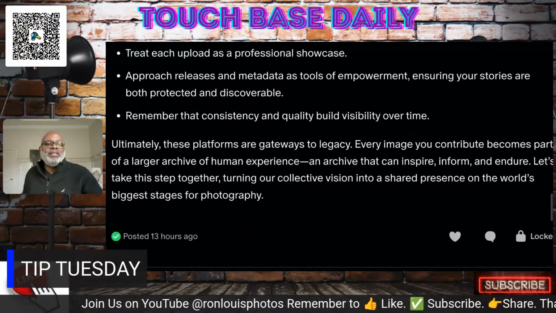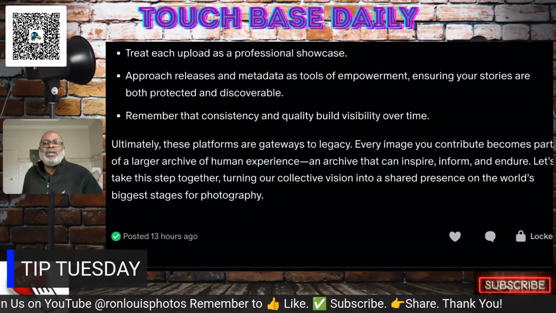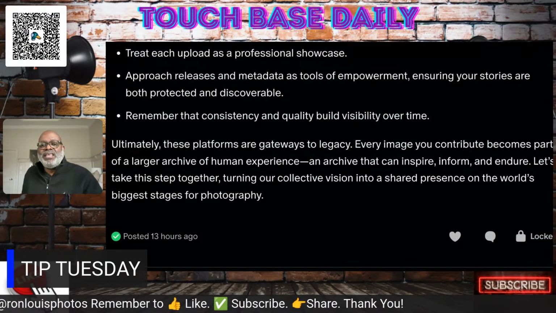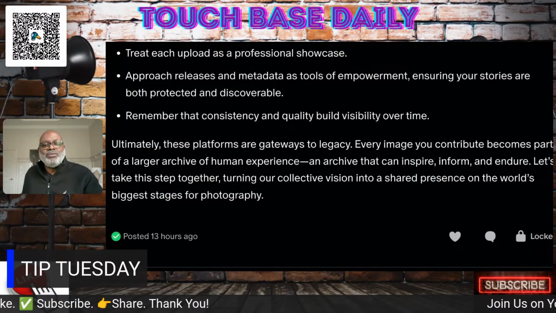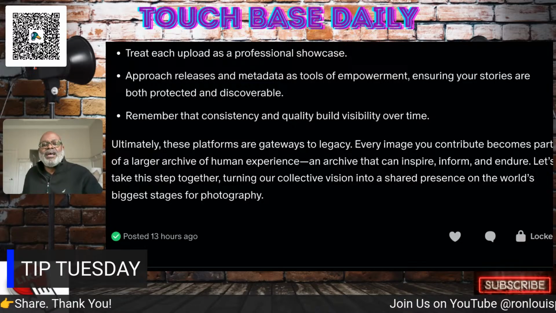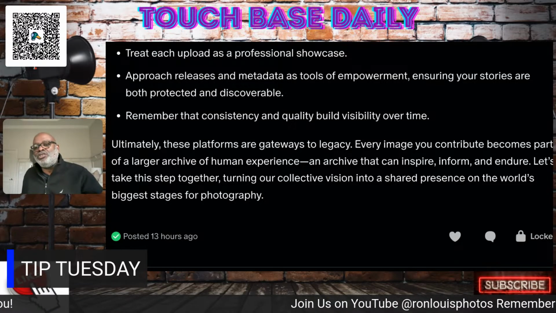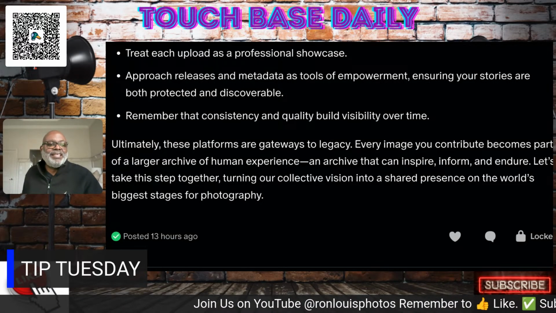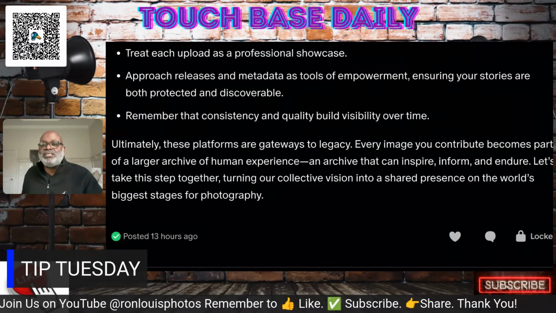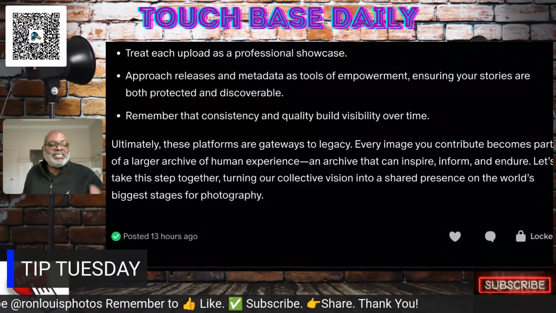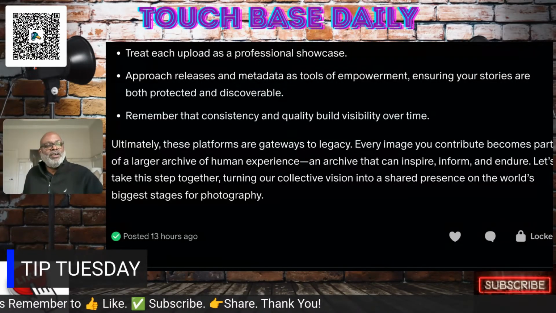Ultimately, these platforms are gateways to legacy. Every image you contribute becomes part of a larger archive of human experiences, an archive that can inspire, inform, and endure. Let's take this step together, turning a collective vision into a shared presence on the world's biggest stages for photography.